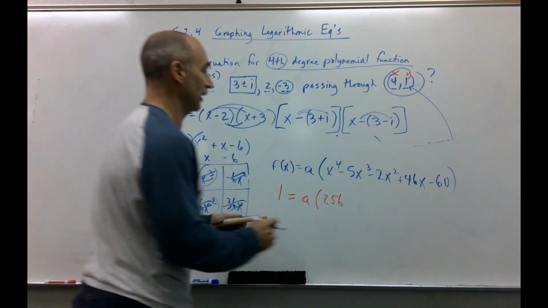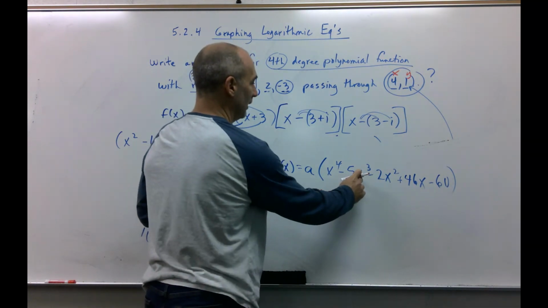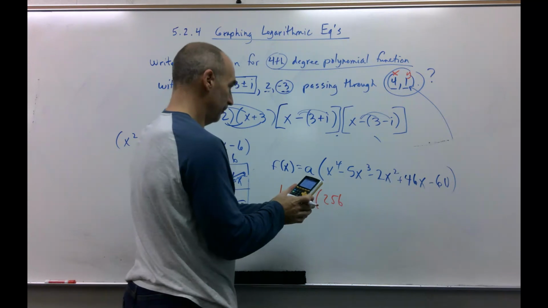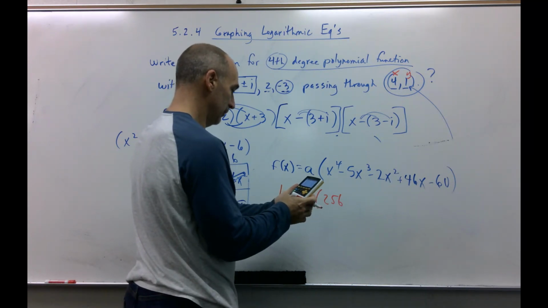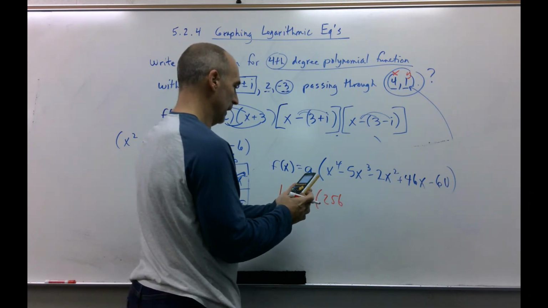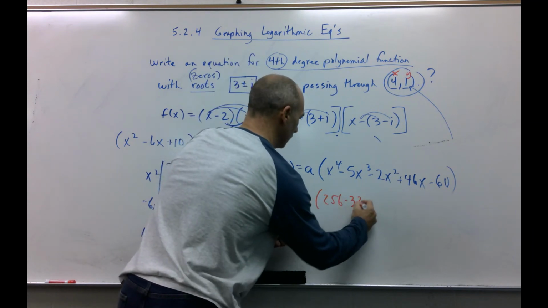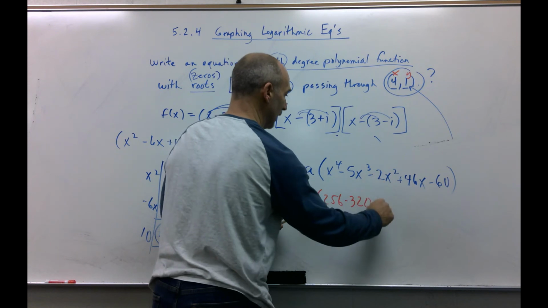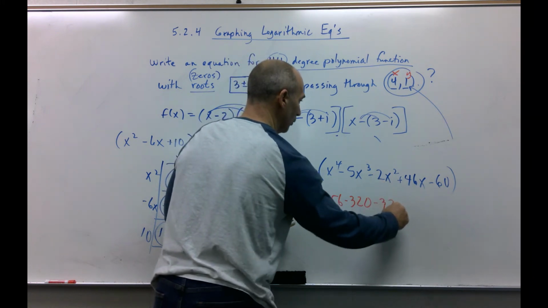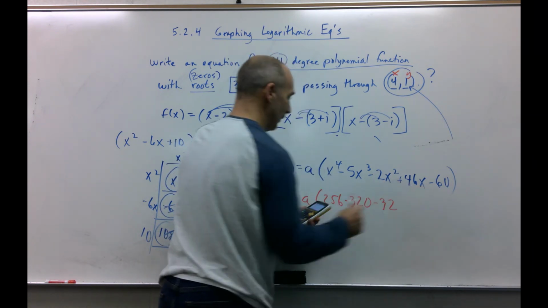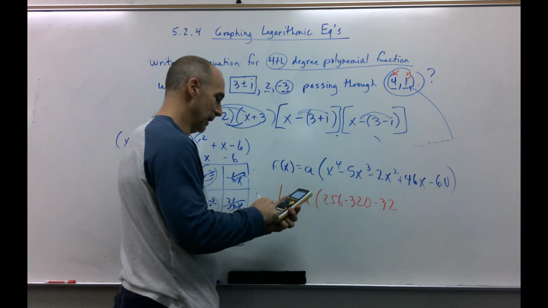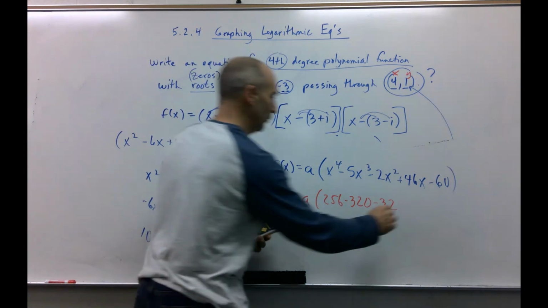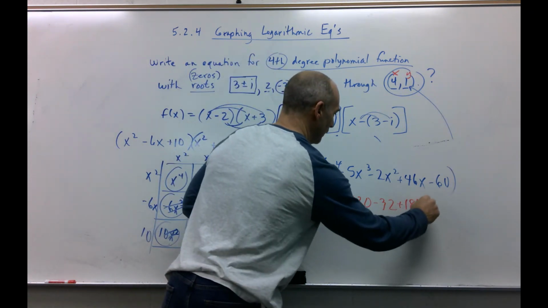I don't think so. 4 cubed is 64, times 5 with a negative, minus 320. 16 times negative 2 is negative 32. 46 times 4, I could do that in my head, no problem, 184. All right, 184 minus 60.